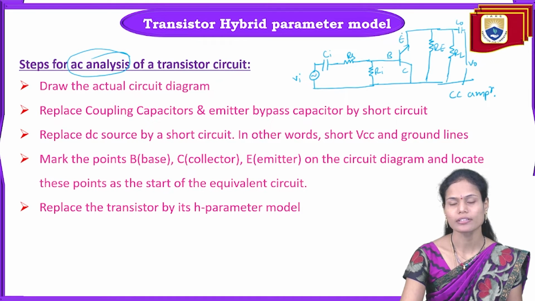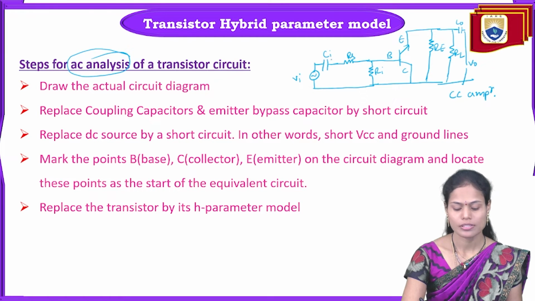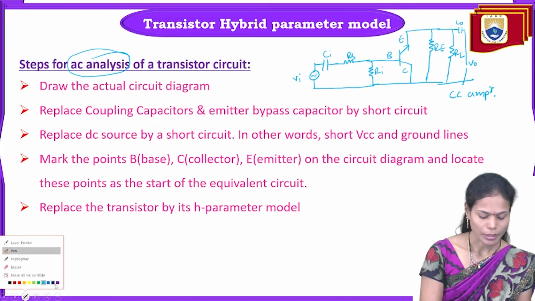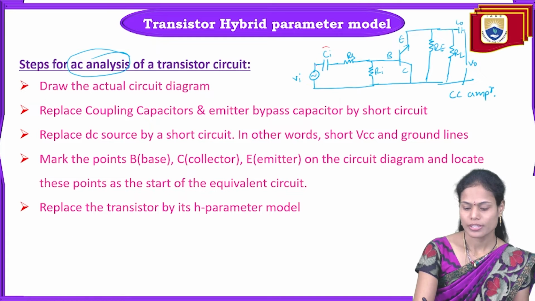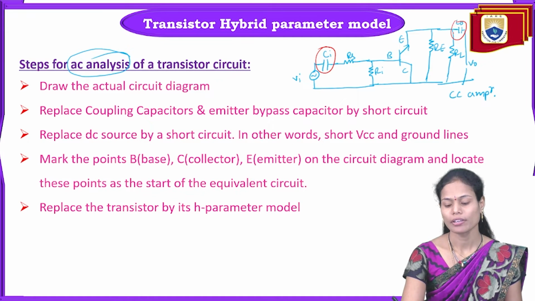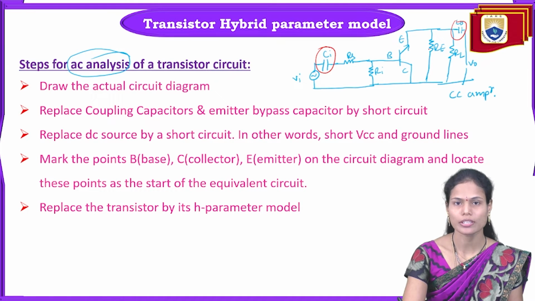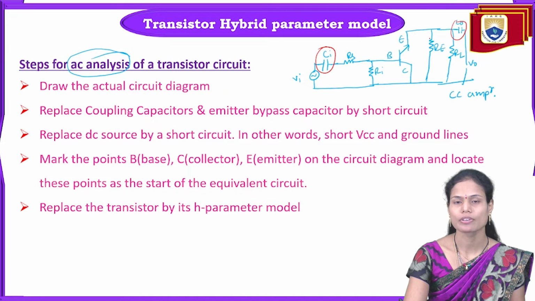So we are replacing this coupling capacitor Ci as well as C0 with a short circuit here. And if we are having any emitter bypass capacitor, in some cases it may be present or it may not be present. If it is present, we have to make this one also a short circuit.